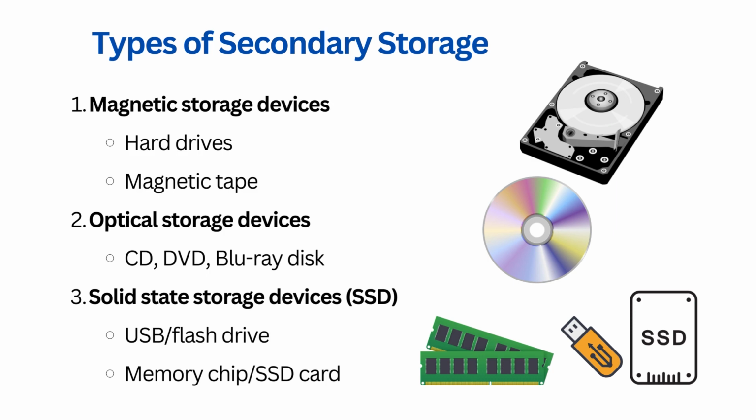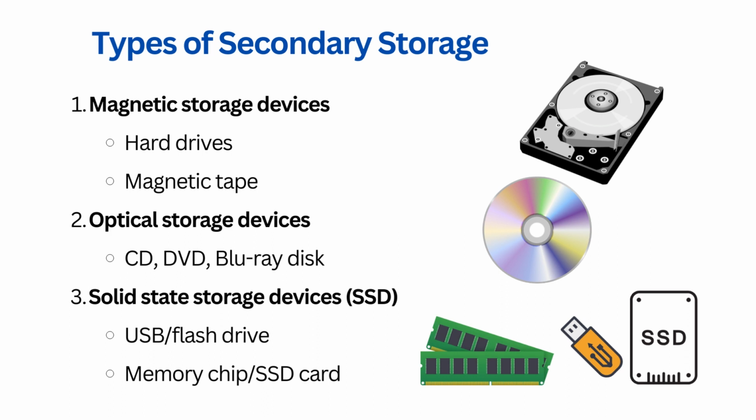Optical storage devices use lasers and microscopic light on a glued plastic or metal disk to locate stored information and data. Since it uses laser, we call it optical storage. Examples are CDs, DVDs, and Blu-ray discs.